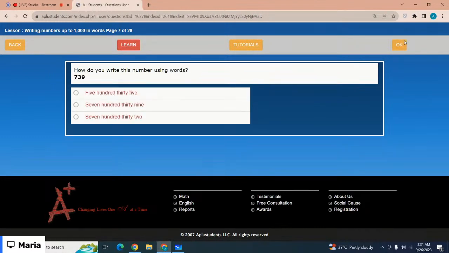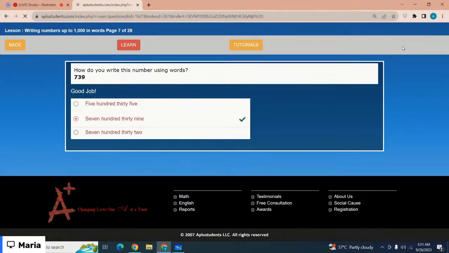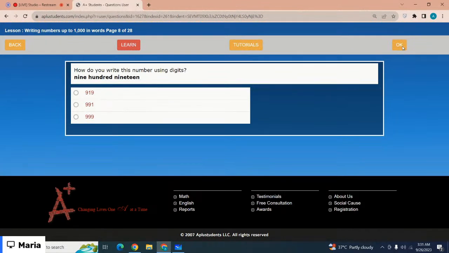Okay, how do you write this number using words? Which is the correct option? Yes, that is 739. Option number 2 is the correct option, right? How do you write this number using digits? 919.